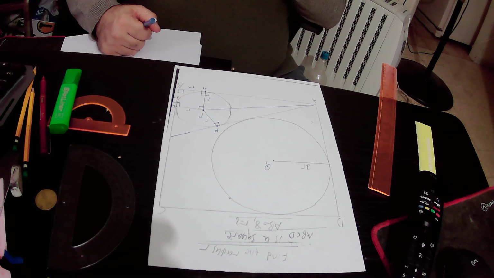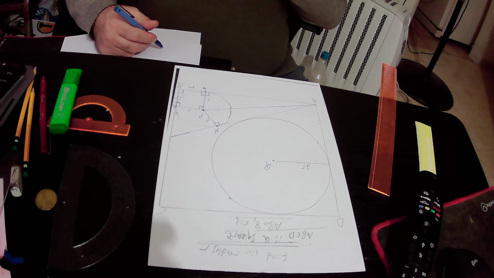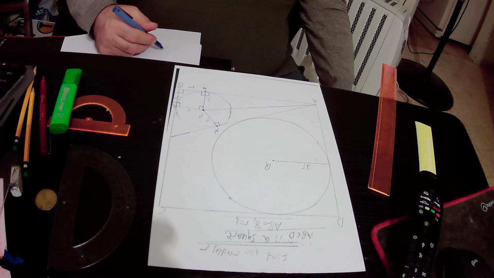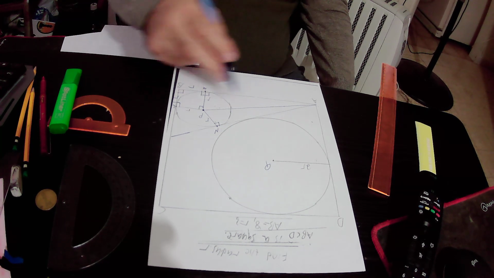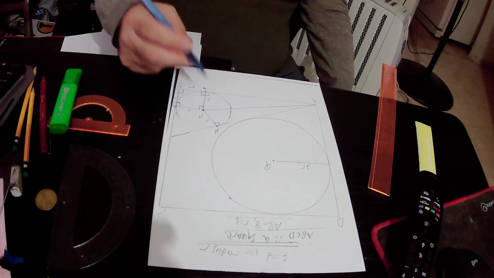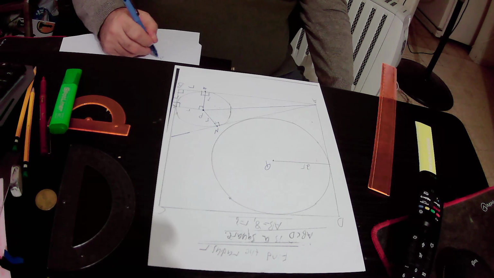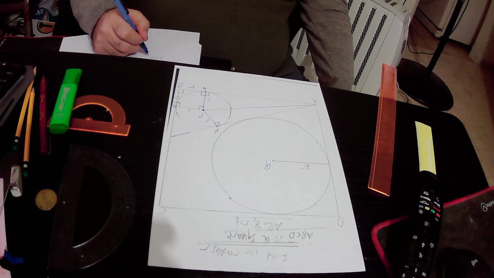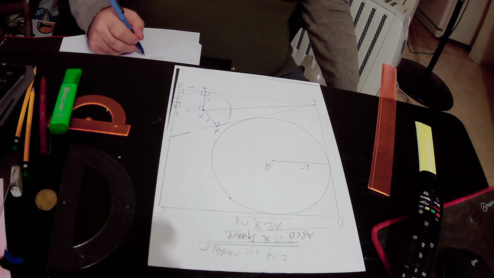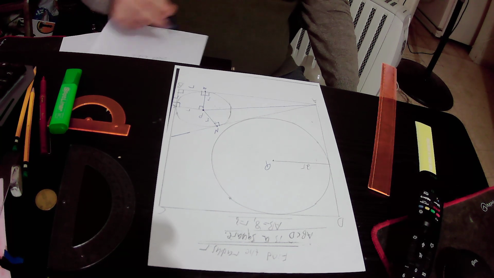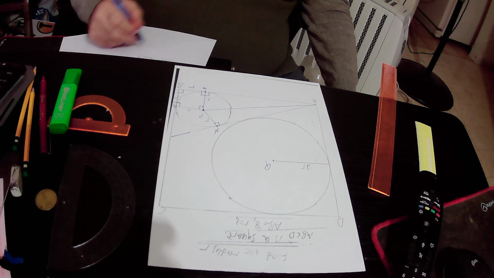In the next step, we will prove that the right triangle APN is congruent to the right triangle APM.